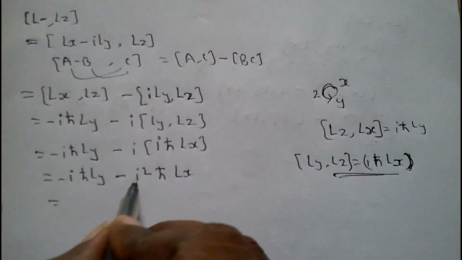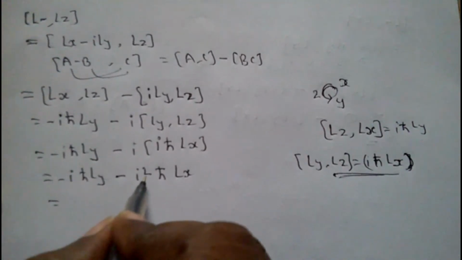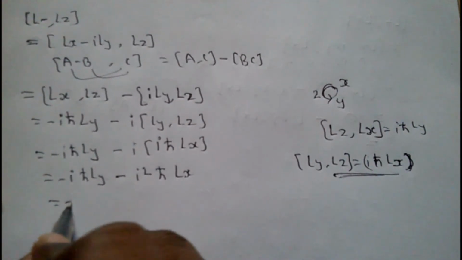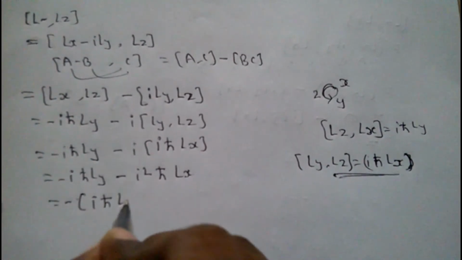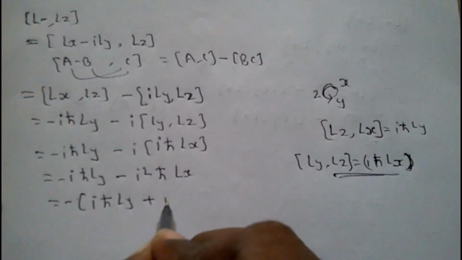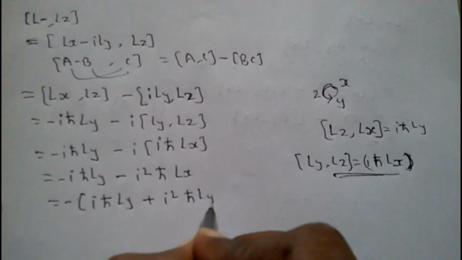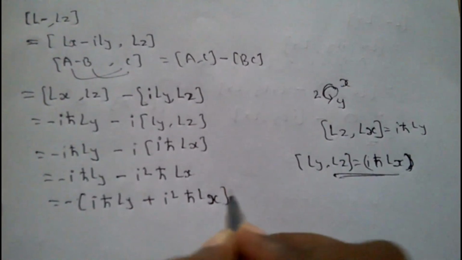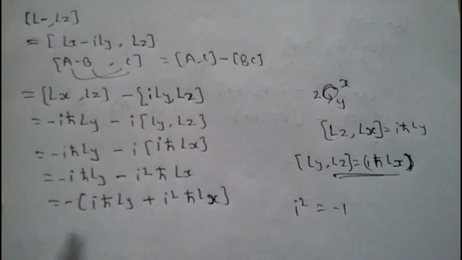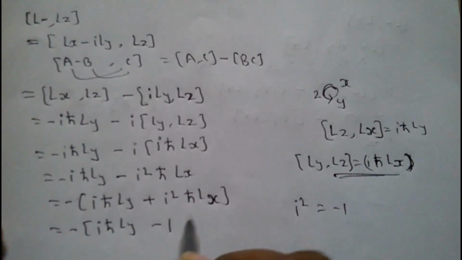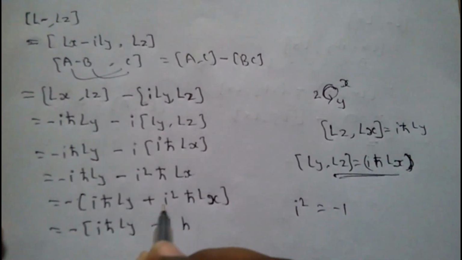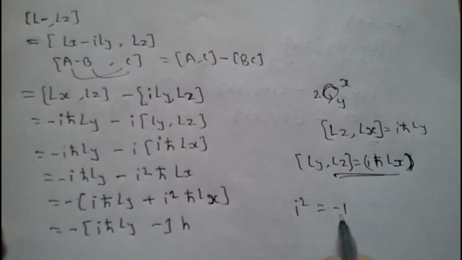Taking minus common, i h cross Ly plus i square h cross Lx. We know the i square value is minus 1, so writing minus i h cross Ly, substitute the value of i square, minus 1 h cross Lx.